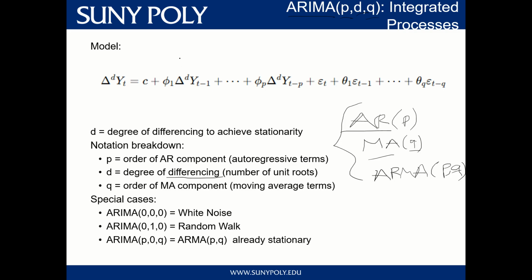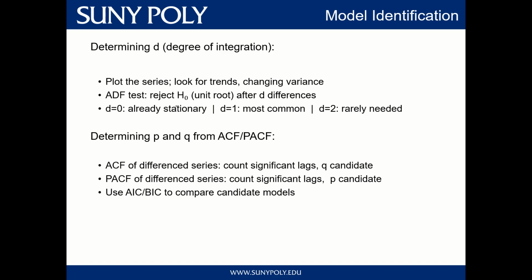What is the idea of d? The idea is to make the series stationary. d is how many times we need to find the difference of the time series until it is stationary. Let me give you a little more intuition about that.